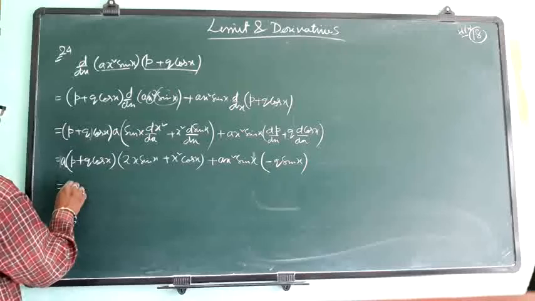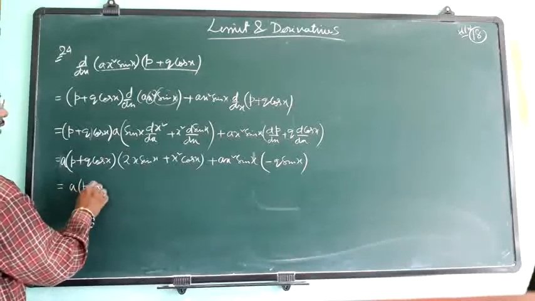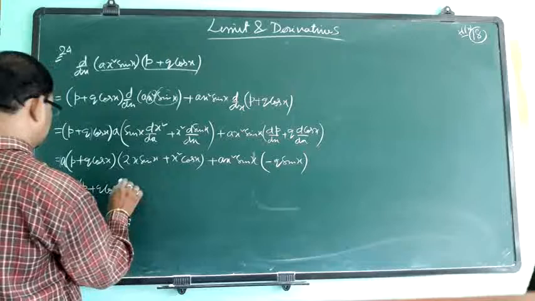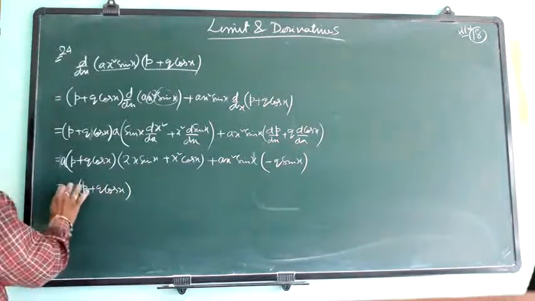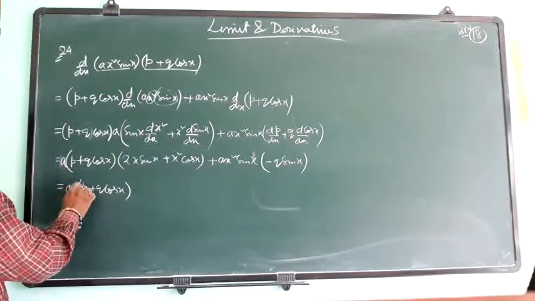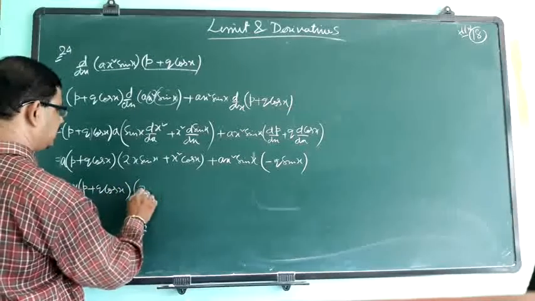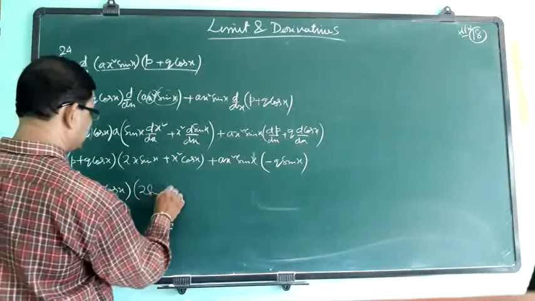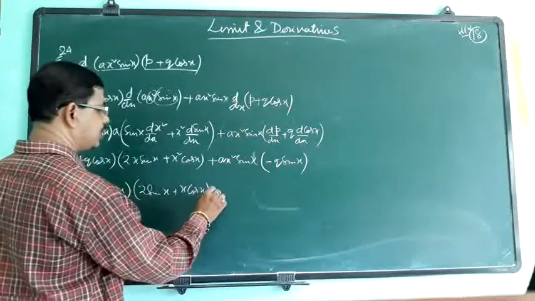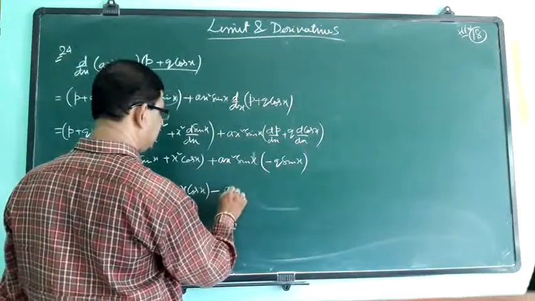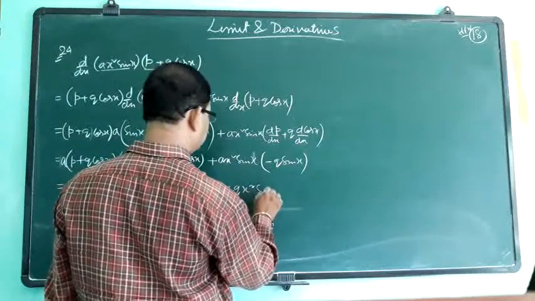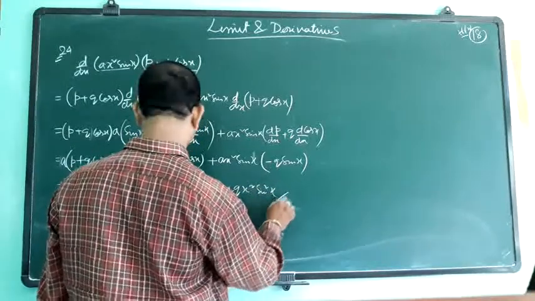So it is a p plus q cos x. X you can take out and it becomes a x, here it is 2 sin x, x cos x. This is minus a q x square sin x.